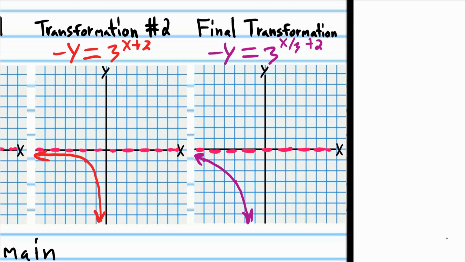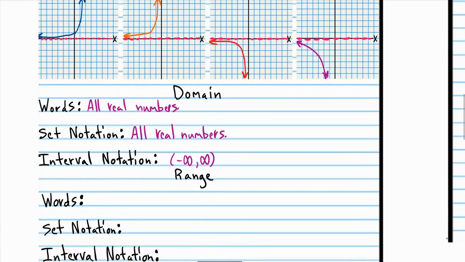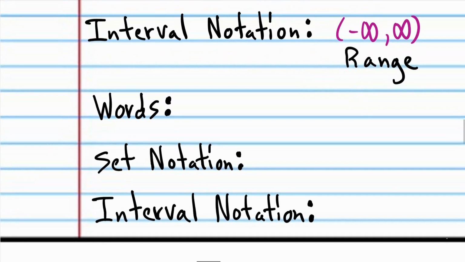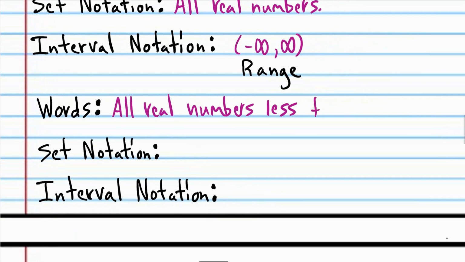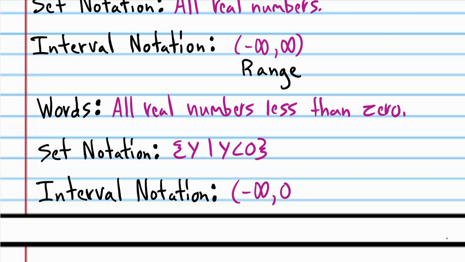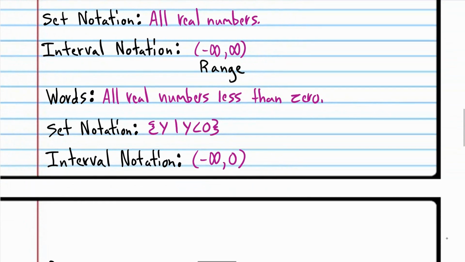So we say the range is all real numbers less than 0. And in set notation, we say the set of all y values such that y is less than 0. And in interval notation, we write negative infinity, comma, 0 with the parentheses, because 0 is not part of the range.